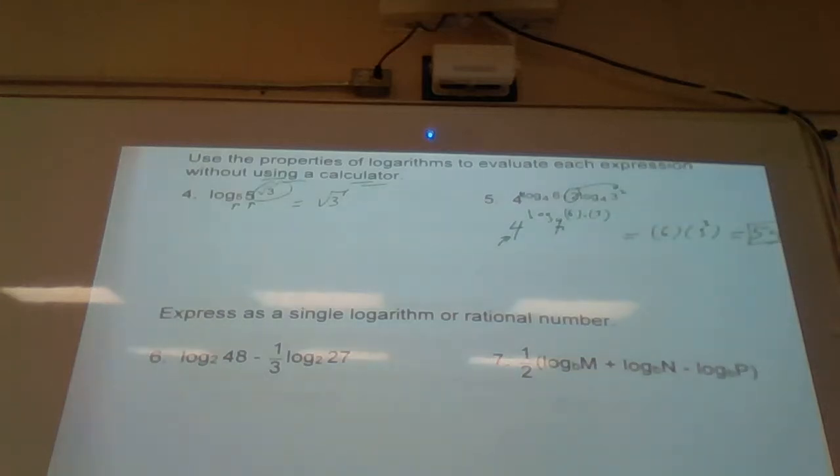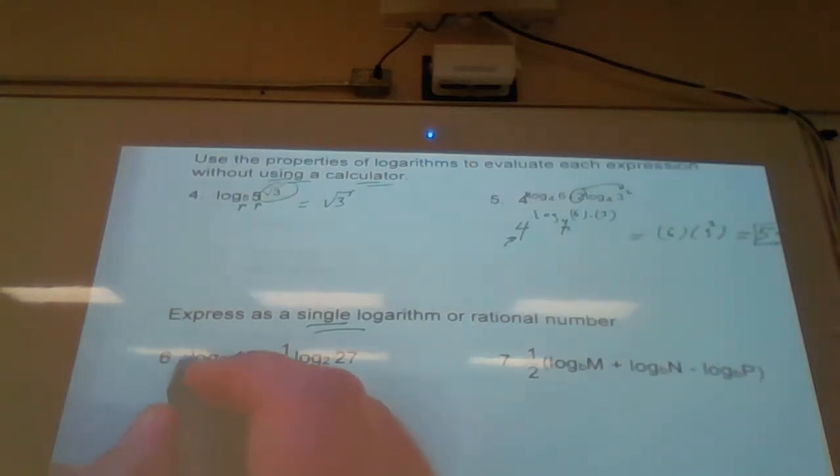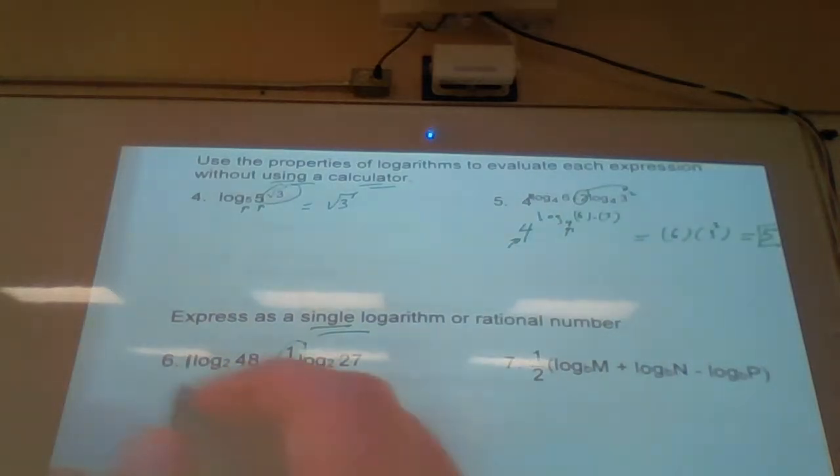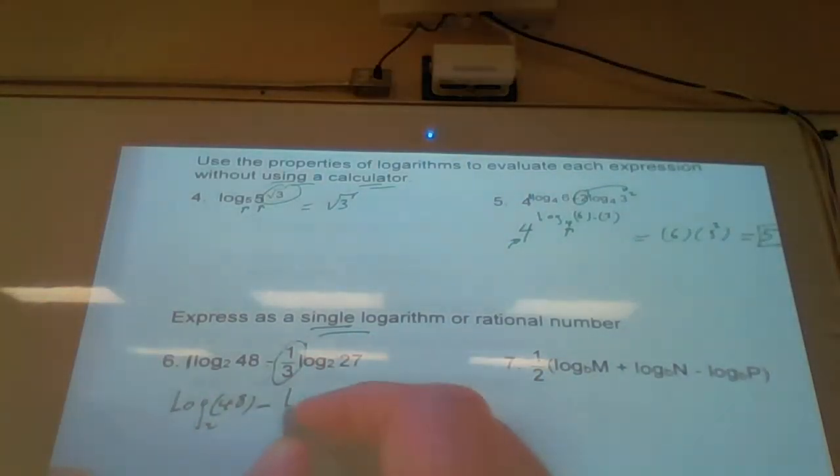The next two questions say express in a single logarithm. So you look at what you have, log base 2 minus log base 2. Again, you look at the coefficient, it's very important. That's a 1. That's not a 1. So before I can use the property to simplify this into a single logarithm, I need to take care of the 1/3.